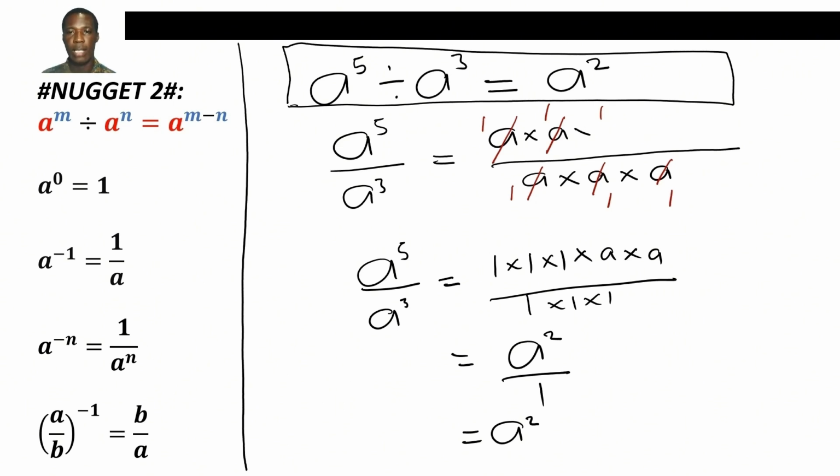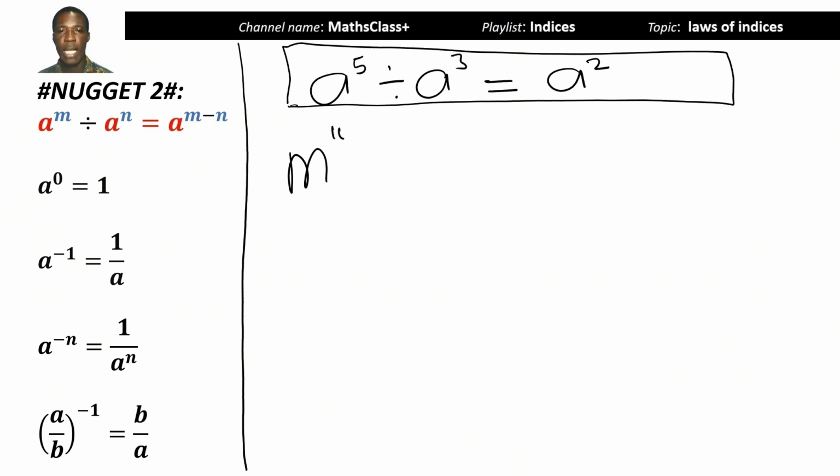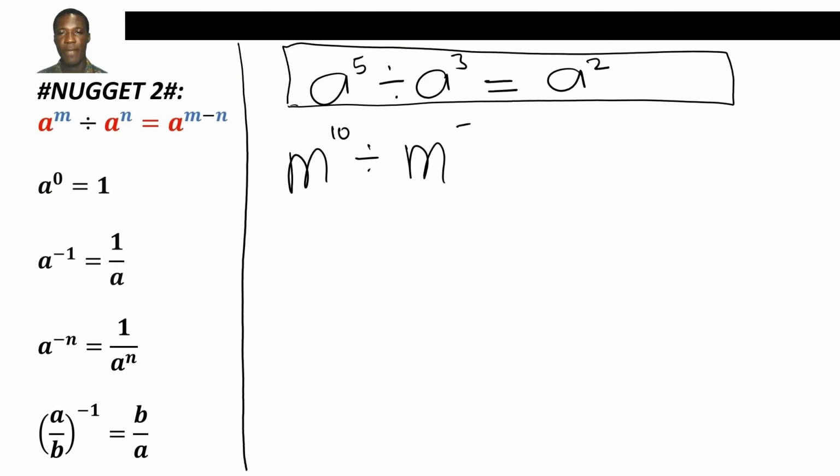Now let's take another example. If I divide m to the power 10 by m to the power 5, I will rewrite this as m to the power 10 divided by m to the power 5.